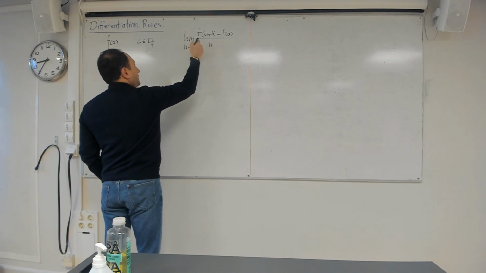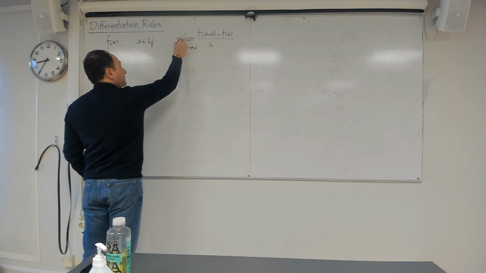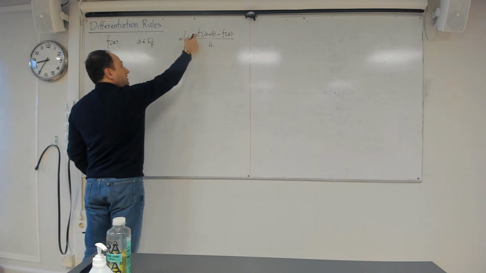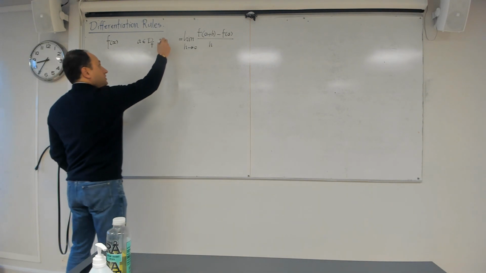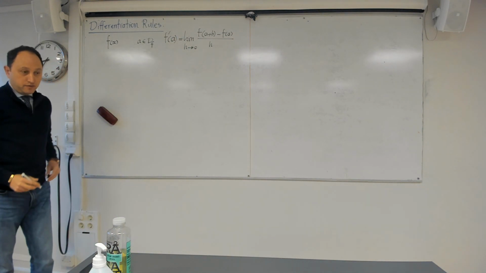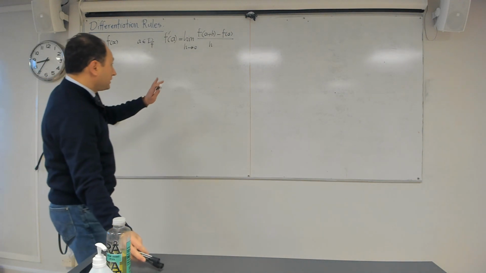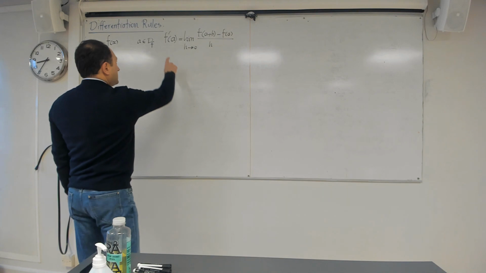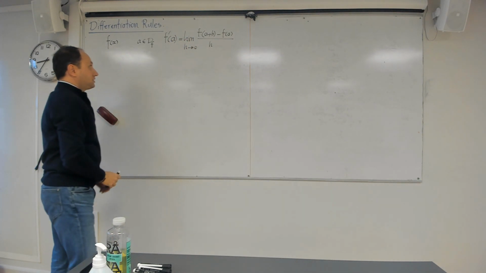If this limit exists, then the name of this limit is the derivative of the function f at point a, and you denote it by the symbol f prime of a. So this is called the derivative of the function if it exists.